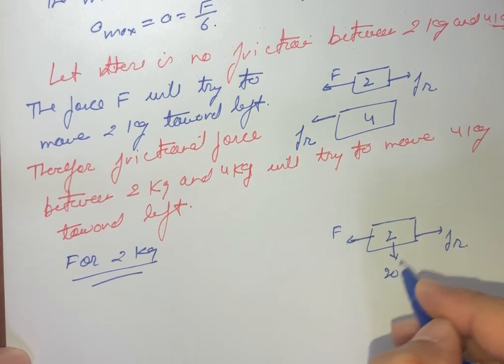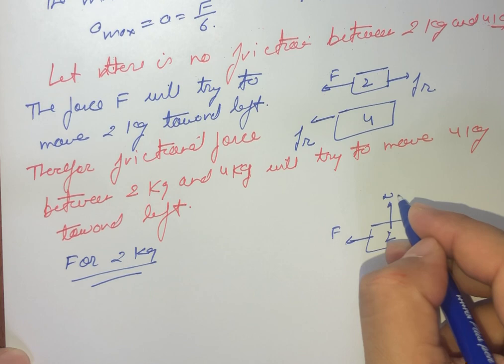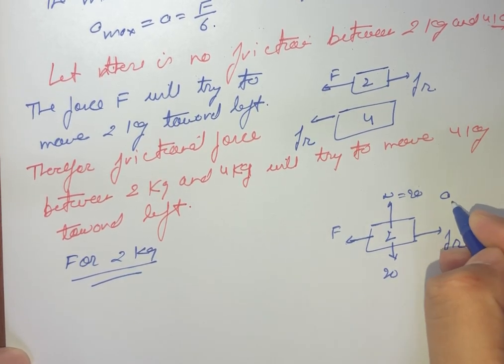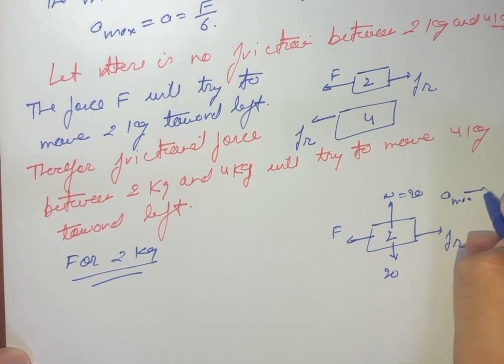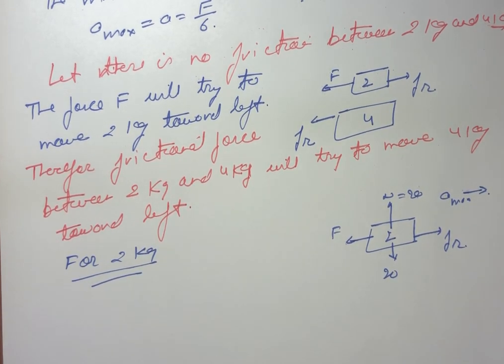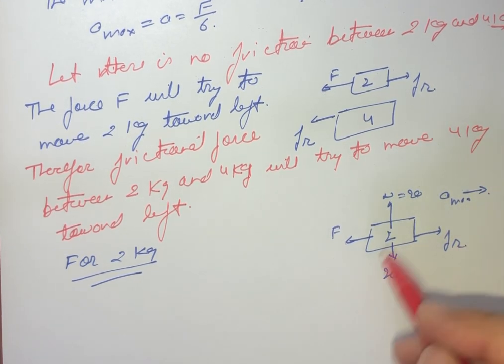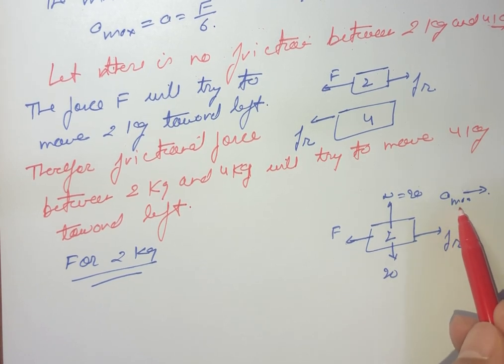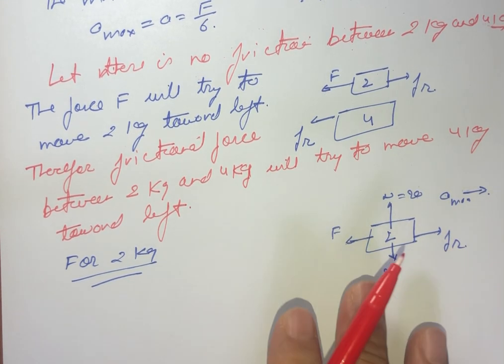There will be 20 Newton weight, and the normal, which is also equal to 20, and we have acceleration A, which is A max, acting in this direction. As the acceleration is towards right, it is obvious that the force responsible for maximum acceleration will be Fr.